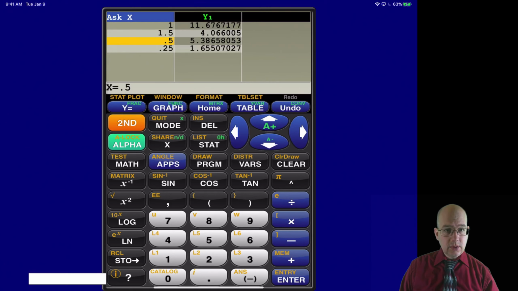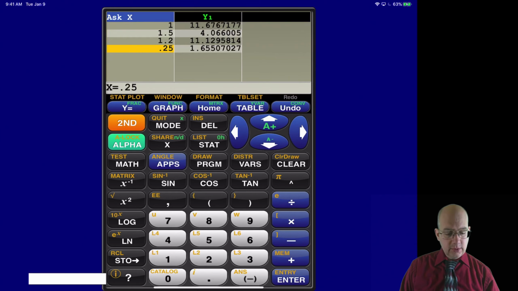So 11.7 for 6, 2-ish. I'm going to go with being a third. Kind of a third. That's 5. Let's see. I'll just go 1.2. And that's 11.123.